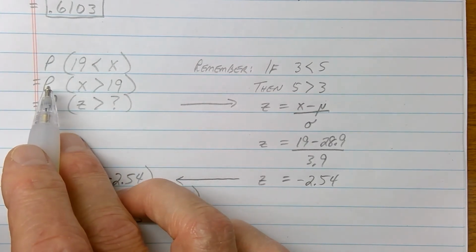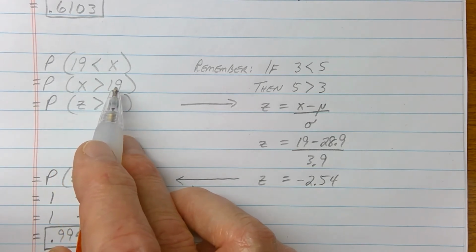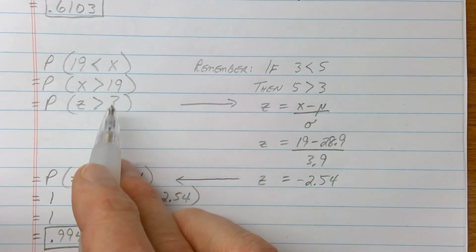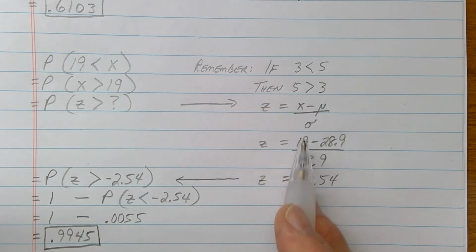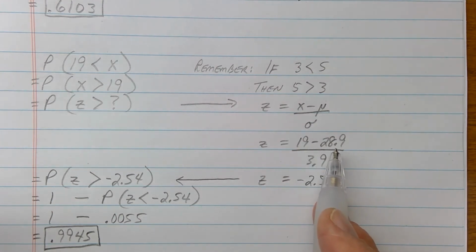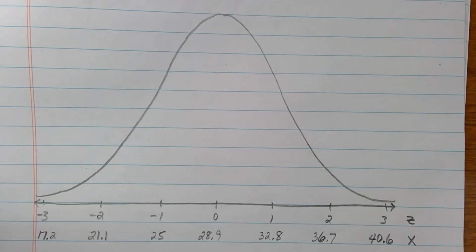What's the probability that somebody scored more than 19 points? Well, I need to change that to a z-score, and I'll figure it out. Let's go over here, pop in our numbers. 19 is our raw score, minus 28.9, over 3.9, works out to negative 2.54. So remember we were talking about a score of 19.